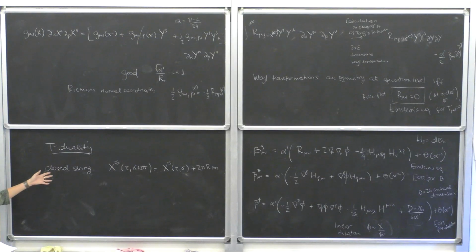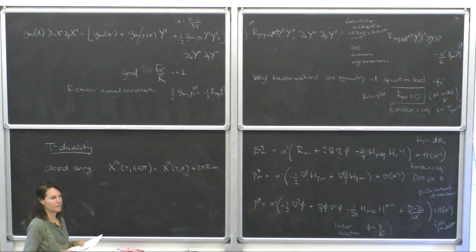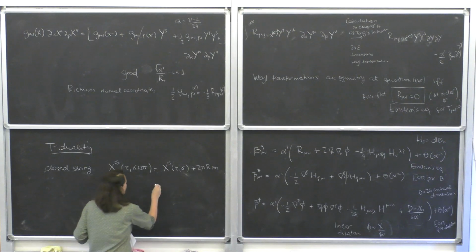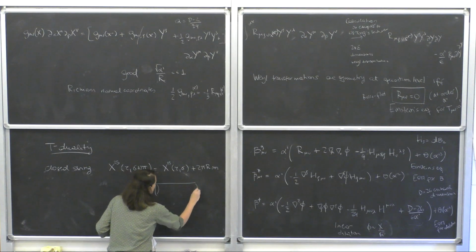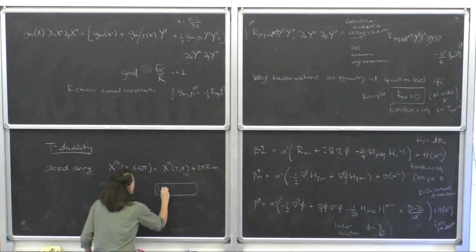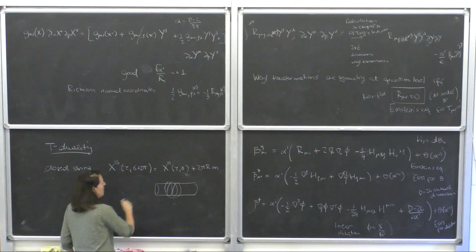So when can we have this weird boundary condition? If I have a circle, this boundary condition is saying that the string winds around the circle m times.